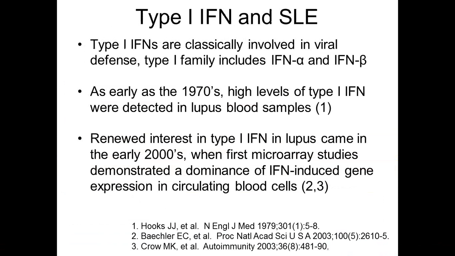Okay. So a little bit of background on interferons, because like many things in science, it's sort of old and then new again. We've known about the interferons in the immune system for quite some time. It's a family of molecules: there's interferon alpha and interferon beta. We think that alpha is probably more involved in lupus, but they're both normally involved in defending us against viruses.